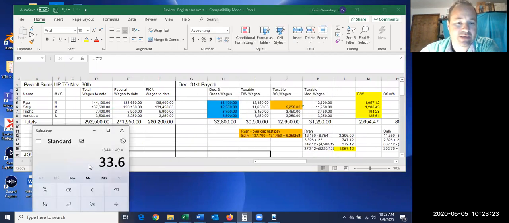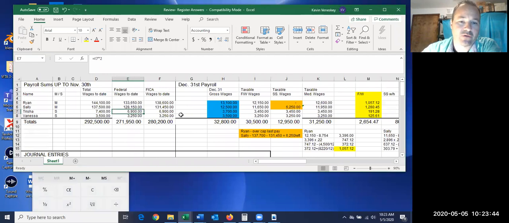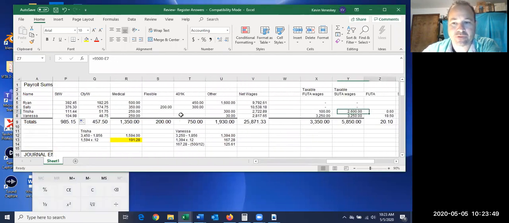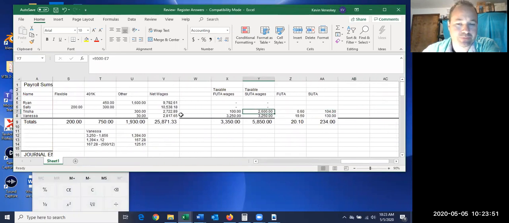If I take 6,900 plus her federal wages to date, 3,450, that's going to take us over the cap. So then we have to do cap minus current wages, 2,600 for Tricia. So that's why I got the 2,600.